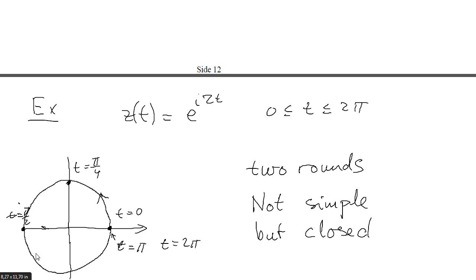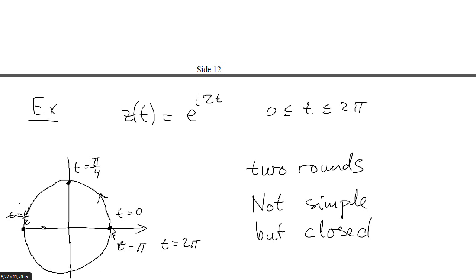When t is equal to pi, we are here, which is the same point as we started, but we are not finished with our curve because we continue with 3 pi over 2, and then we are here, and finally when t is equal to 2 pi we are back here.